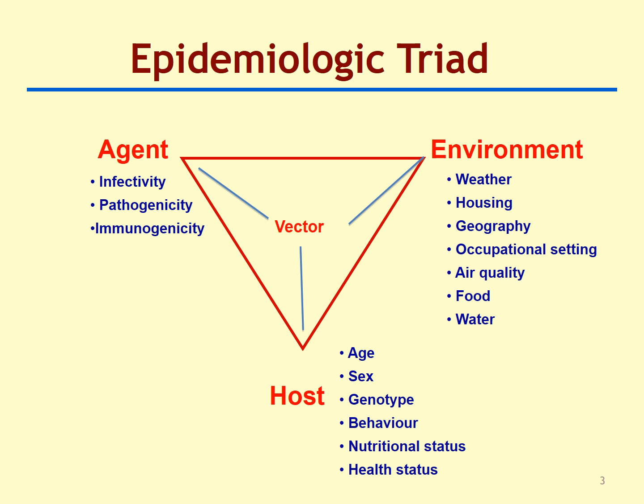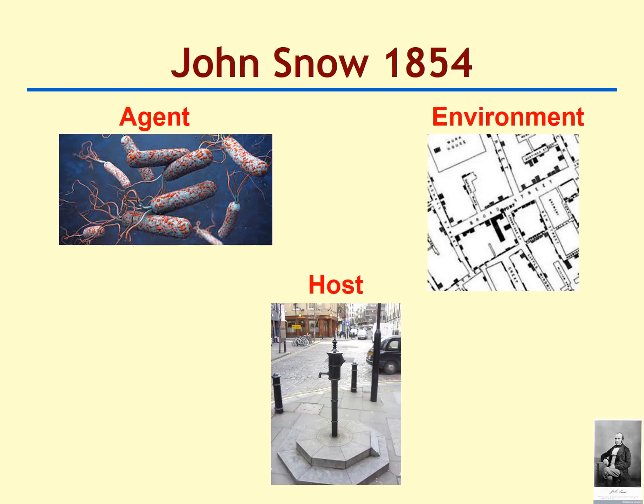So these can be laid out in a triangle to help you think of what might be causing an infectious disease outbreak. And here's a very famous example of an infectious disease investigation, which took place in London in 1854 when John Snow was investigating an outbreak of cholera. There's the cholera agent, a picture of it on the left hand side.